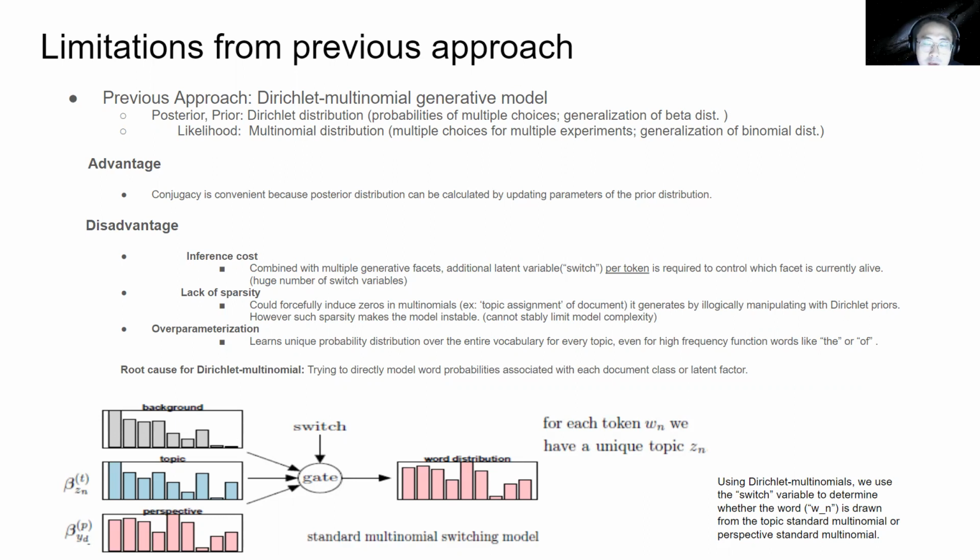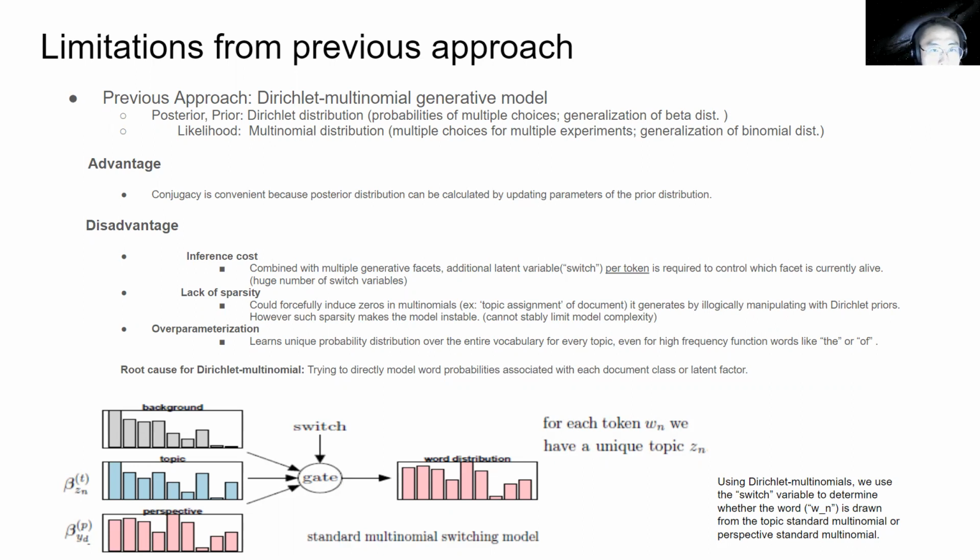In this case, we could just update the concentration parameter alpha of the Dirichlet distribution based on the multinomial likelihood, to arrive at our posterior distribution estimate. So this sounds like a fair approach, which is also very effective.